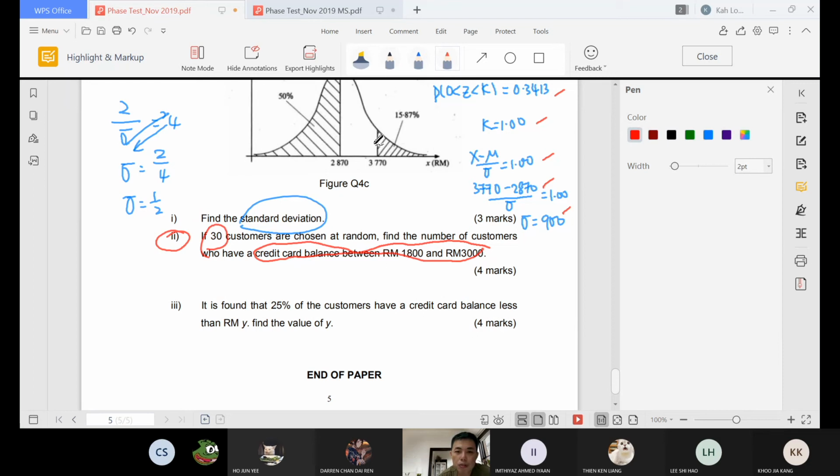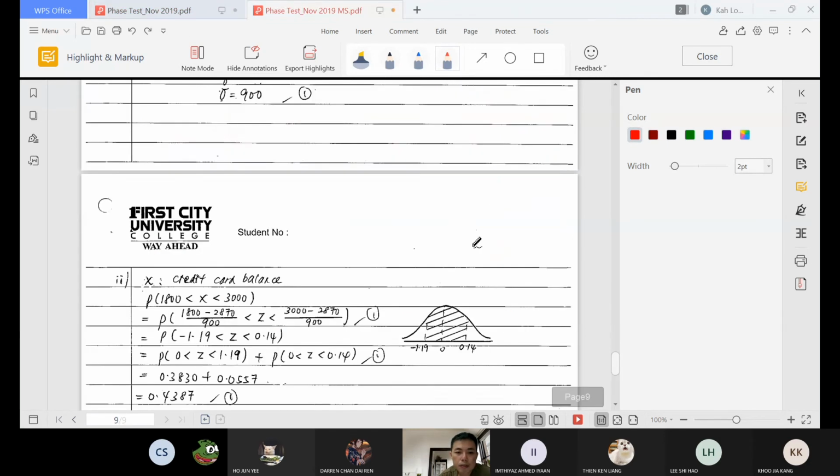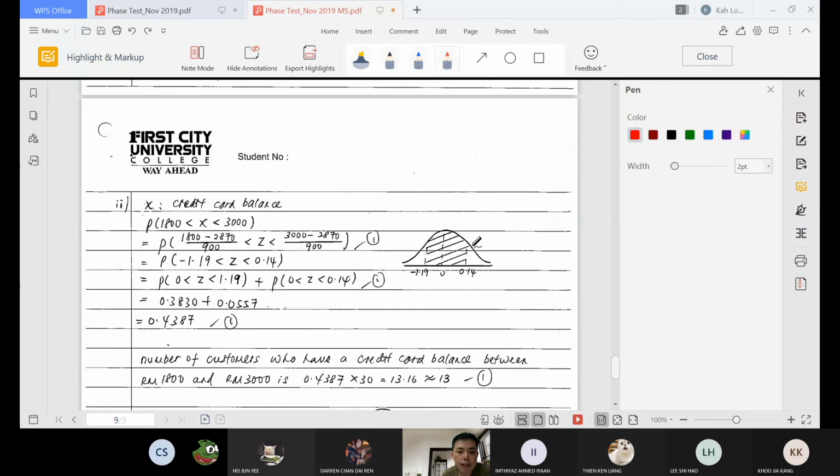So for this question, it's not difficult. You find the z-score already, and then after that you draw the diagram. Try to get these two values reading from the table until you get this probability, and this probability multiply with 30.